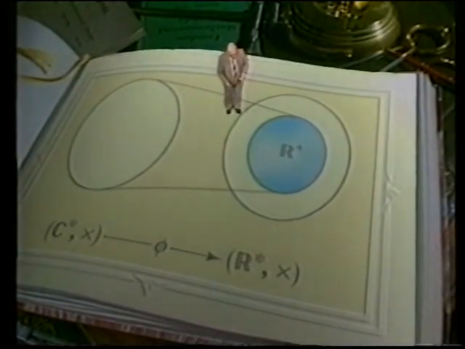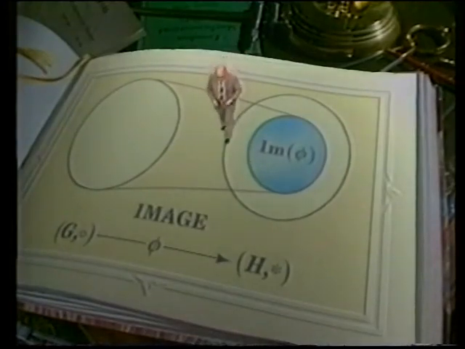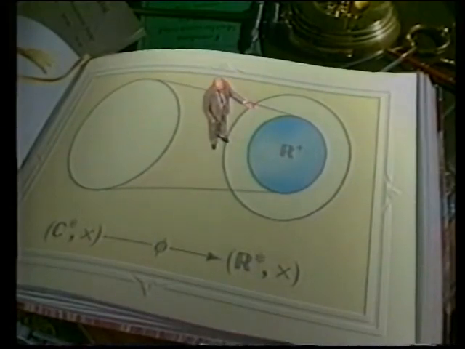We call this set the image of phi. In general, the image of a homomorphism phi is the set of all elements of H that phi maps onto. We write it like this. And it turns out that the image is always a subgroup of H. So, in our complex numbers example, the image set of phi is a subgroup of positive real numbers.